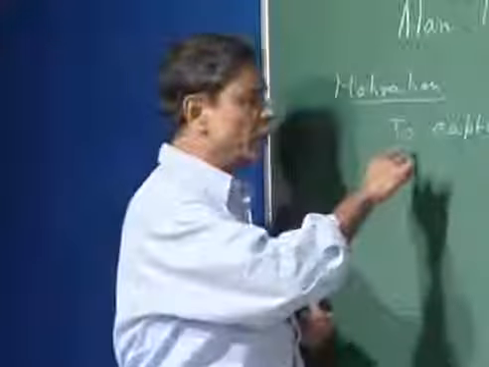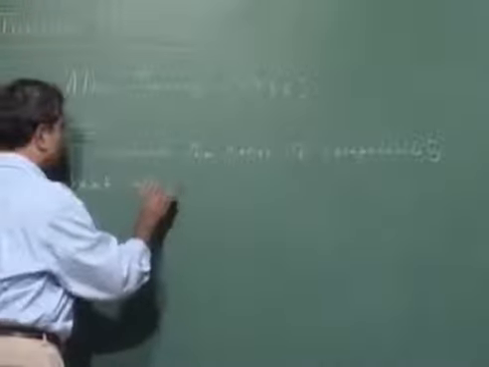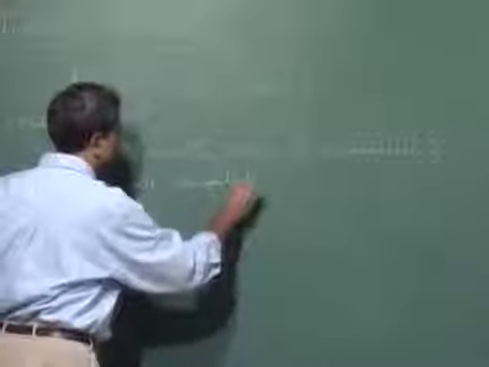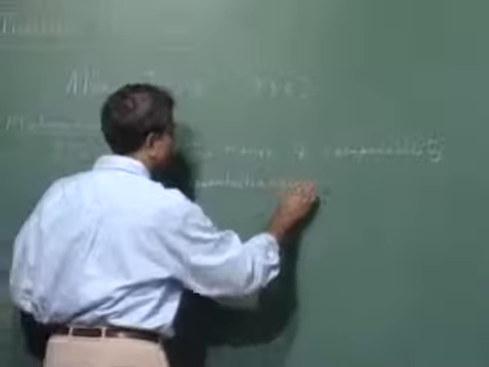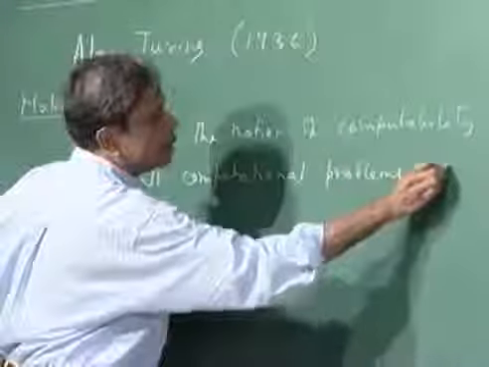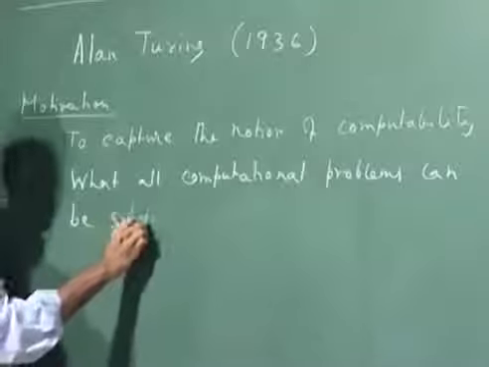So, when I say to capture the notion of computability, essentially what I mean is I would like to answer this particular question: what all computational problems can be solved?